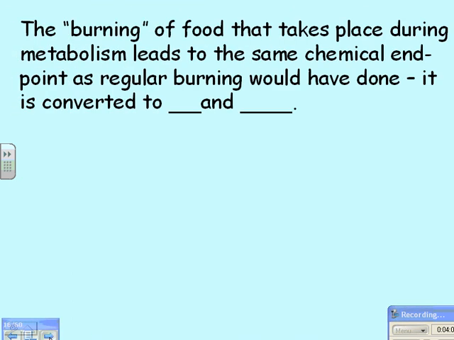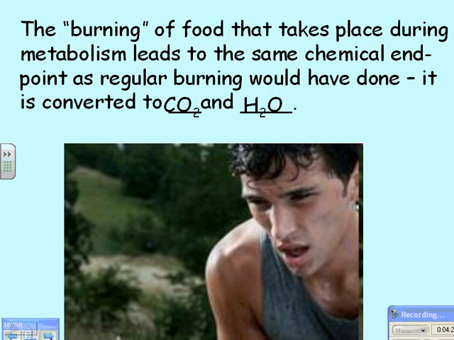So the burning of food that takes place during metabolism leads to the same chemical endpoint as regular burning would have done. It's converted to the same stuff as if you just take a bowl of sugar and light a match to it and throw it in. It's converted to carbon dioxide and water. So you have carbon dioxide and water as waste products, and heat as a waste product too.